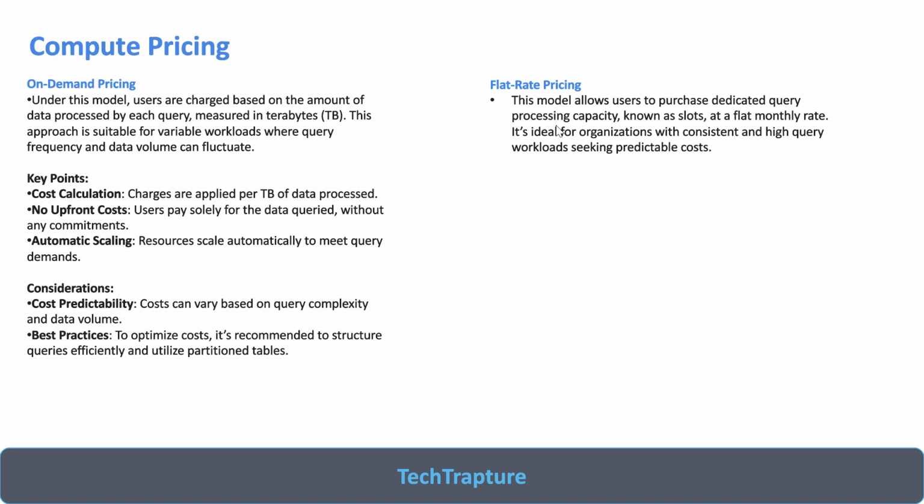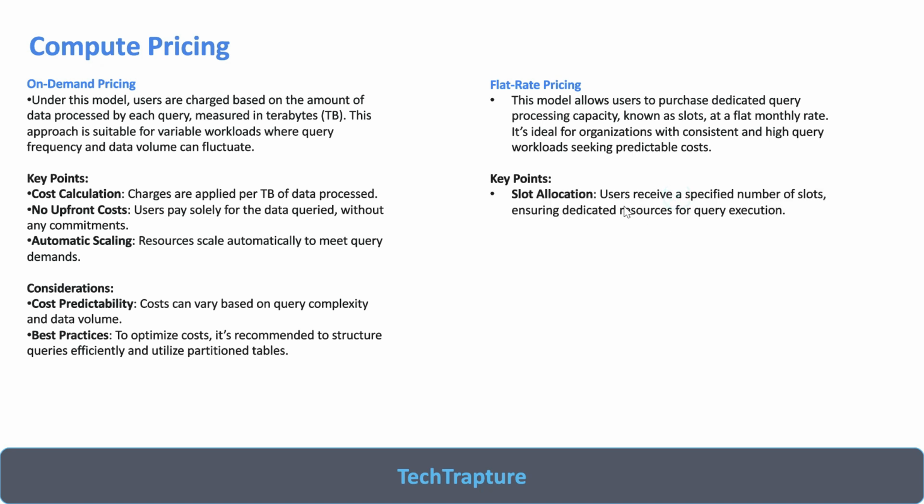This model allows users to purchase dedicated query processing capacity known as a slot, at a flat monthly rate. It's ideal for organizations with consistent high query workload seeking predictable cost. So if it is predictable that you are going to use this amount of terabytes of querying, then it's better to use the flat rate pricing.